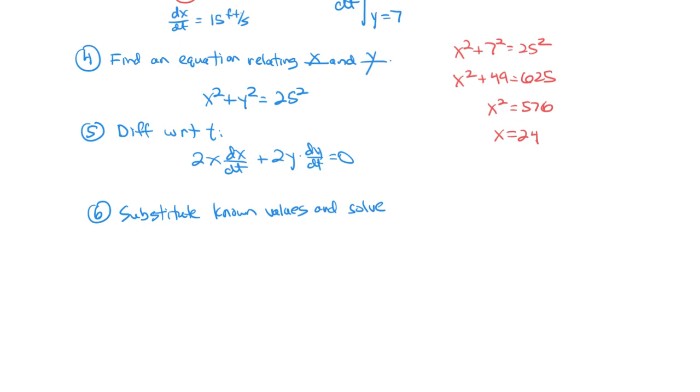Now we can plug in these values. So I'm going to go back here and just plug everything in. So x is going to be 24, so we're going to get 2 times 24 times dx dt, which is 15, plus 2 times y, which is 7, dy dt equals 0.